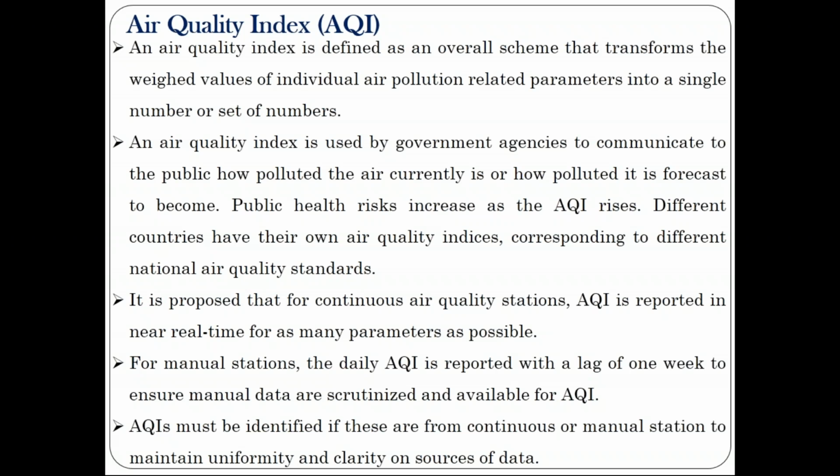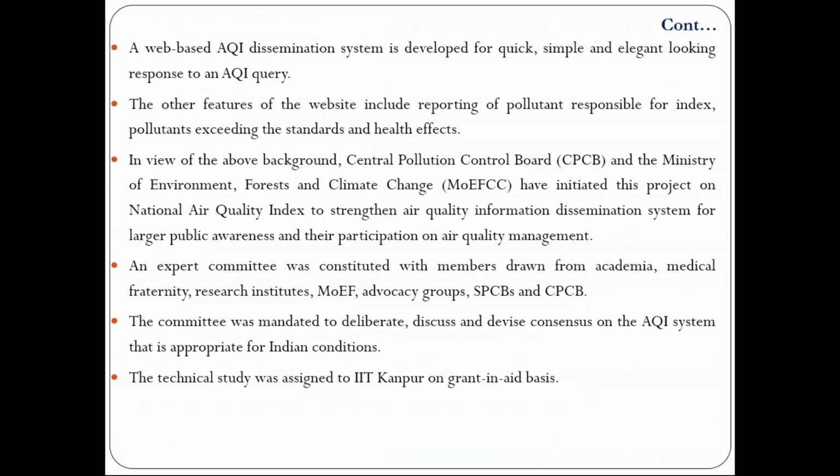It is proposed that the continuous air quality station AQI is to be reported on a real-time basis. So CPCB has started, and in every city, specifically in industrial areas, they have sensors and this facility for the air quality index. So one can immediately see real-time data for the air quality index.